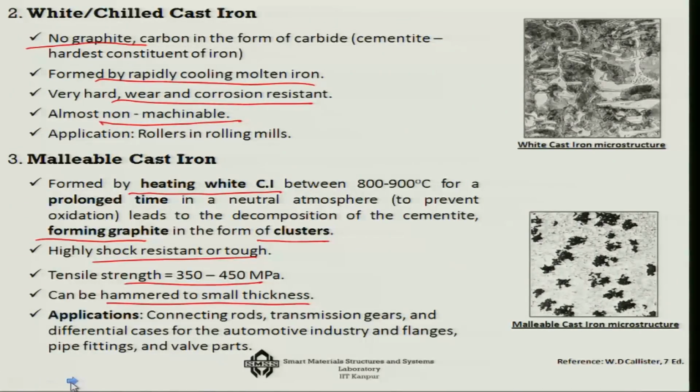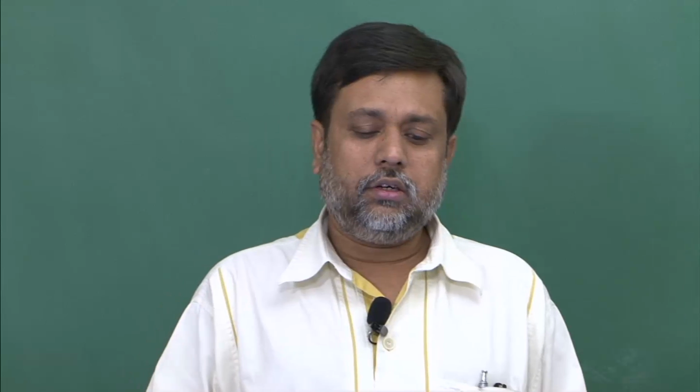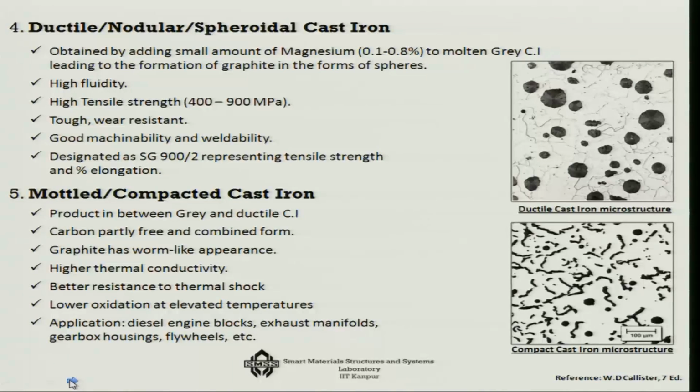Now, let us look at some other forms of cast iron, like the ductile or nodular, or so to say, the spheroidal cast iron. Incidentally, when we extract iron from the sea, we extract it mostly in the form of nodular iron.